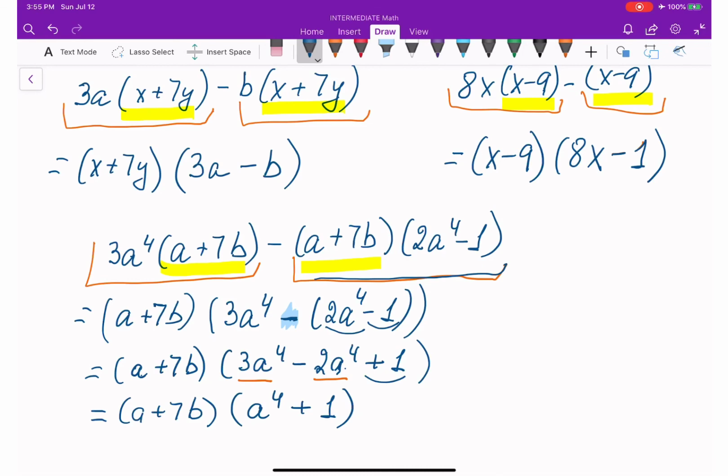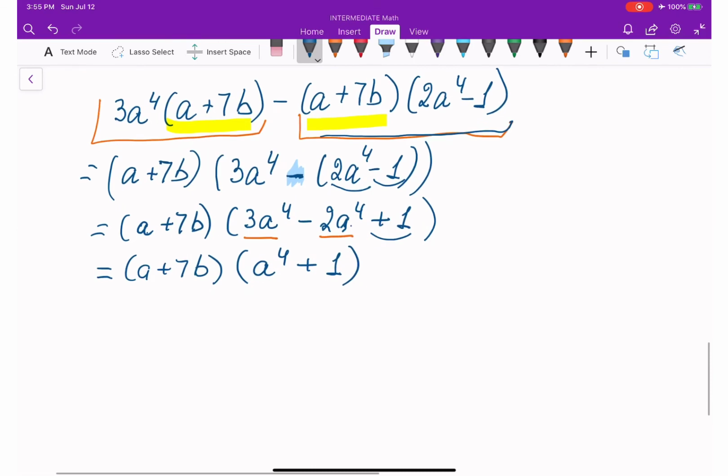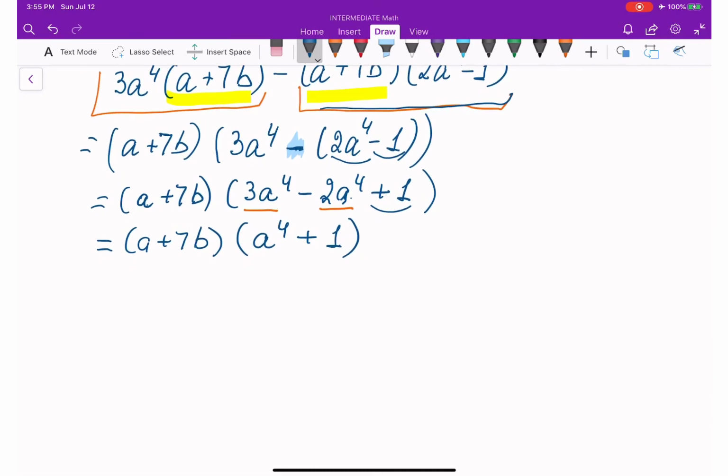And the last one, and I will be done. The last one will be easier. So, (a plus 12) minus x times (a plus 12).